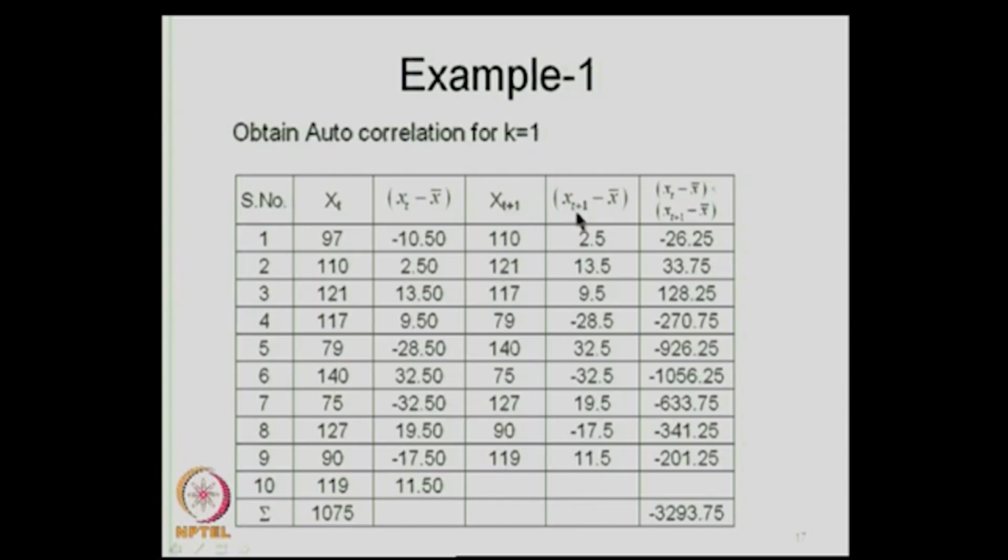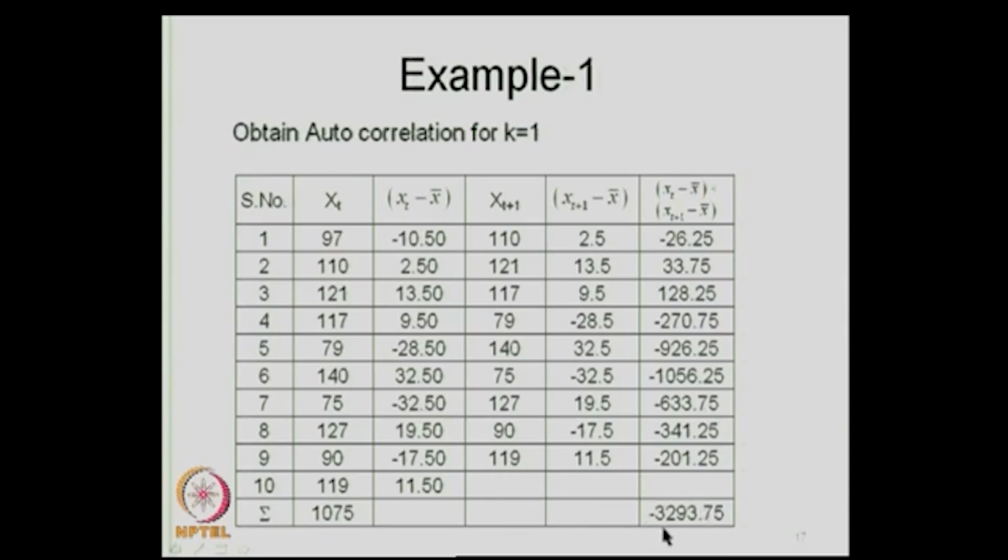Then we take x t plus 1 minus x bar. X bar is computed based on the values of x t given here. Then the multiplication of this x t minus x bar and x t plus 1 minus x bar, that is this summation.